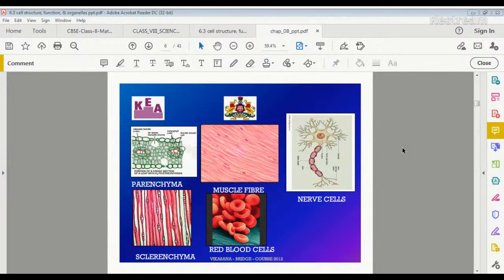So the different shapes are related to the specific functions, and generally cells are round, spherical, or elongated. And some cells are long and pointed at both ends, and they exhibit a spindle shape. And cells sometimes are quite long, and some are very branched like nerve cells. This is the nerve cell.